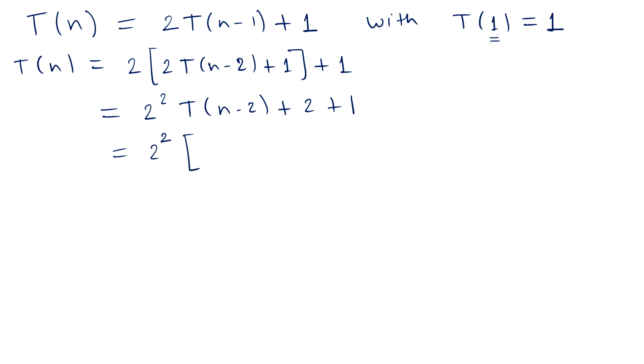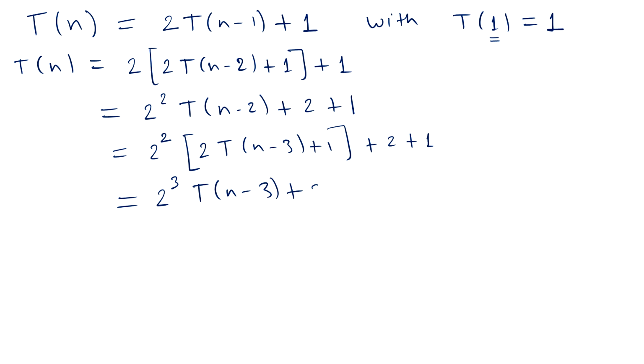Further, we can elaborate it like this: 2 times T of n minus 3 plus 1, then bracket close, plus 2 plus 1. They were already there. Finally, 2 cube. Now we can get the pattern here. It is T of n minus 3 plus 2 square plus 2 power 1 plus 2 power 0. Do you mind if I write like this?